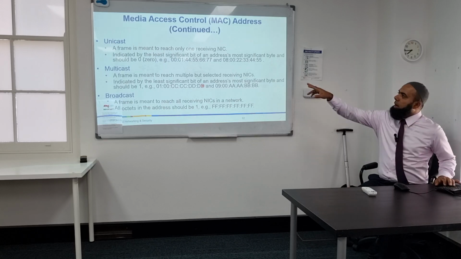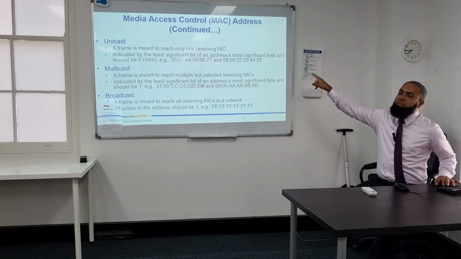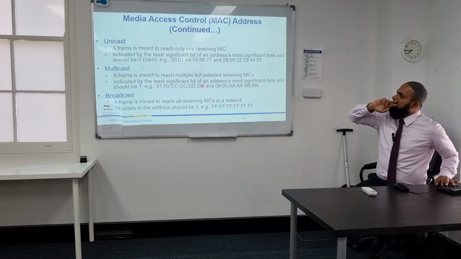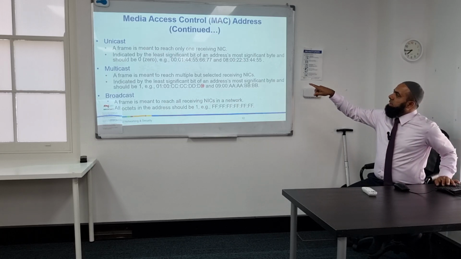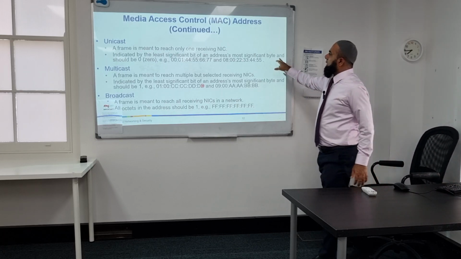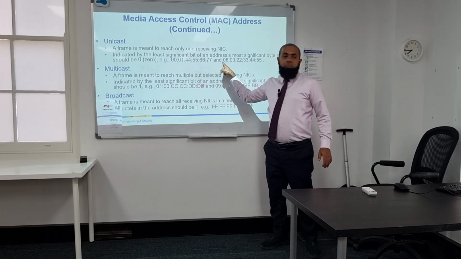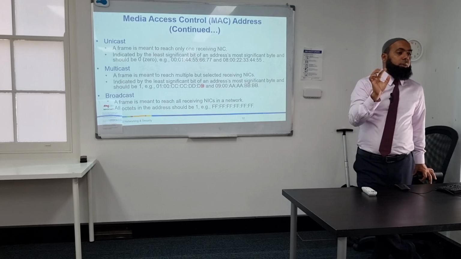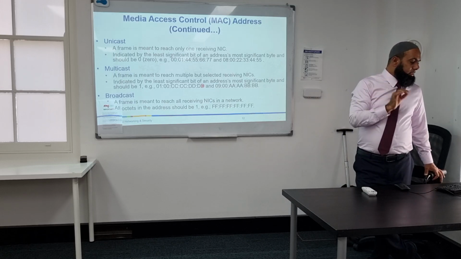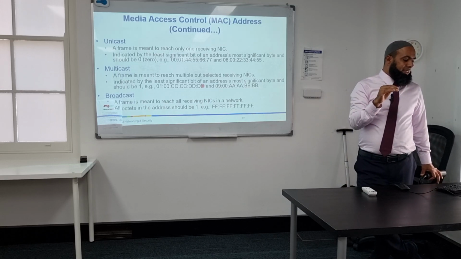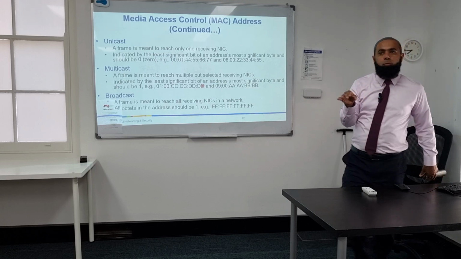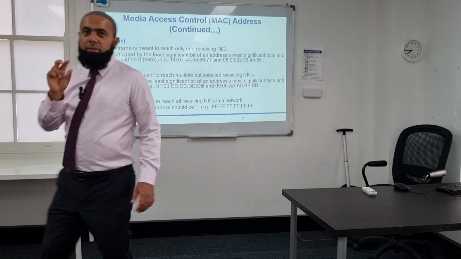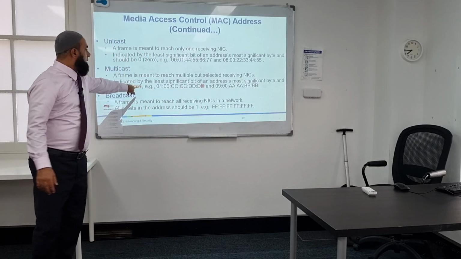The frame is meant to reach only one receiving NIC, the one network interface card, and they have their bit numbers from where they are allocated. So these are the unicast ones. For a multicast, a frame is meant to reach multiple but selected receiving NICs. So if you want to send only to particular network interface cards, then you use those addresses.